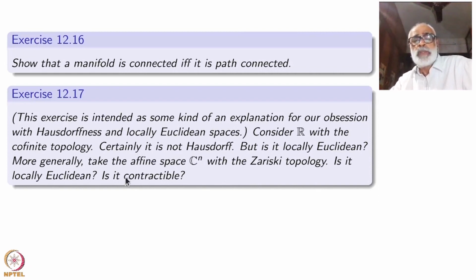So why this obsession with Hausdorffness and local Euclideanness? If you look at the cofinite topology on R, that is not a Hausdorff space. But is it locally Euclidean? You can ask.